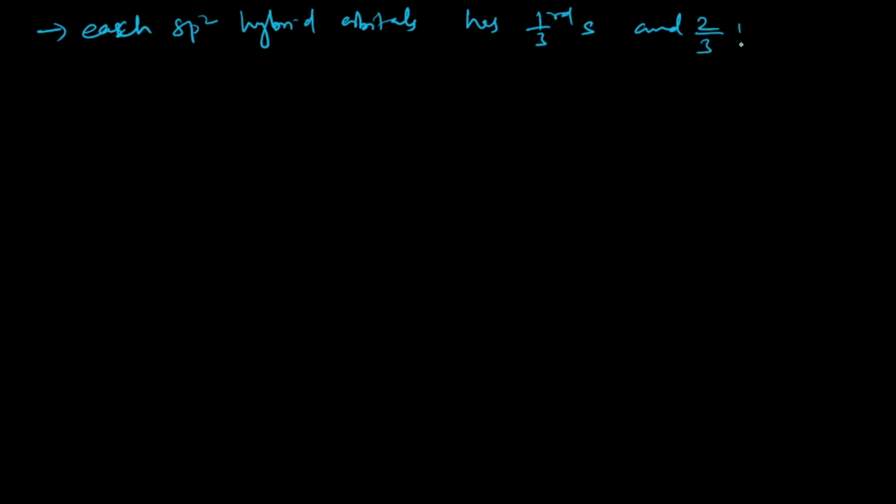Okay, next, you can write: each sp2 hybrid orbital has 1/3 s character and 2/3 p character. Got it? Because see here the s character is increasing. If you multiply with 100, it will be 33.33, and here it will be 66.66. So the percentage s character is increasing.